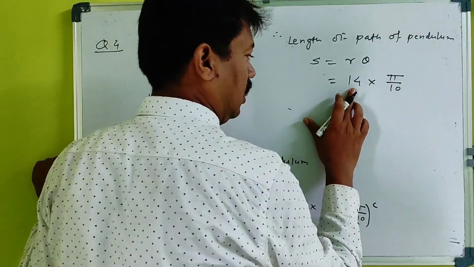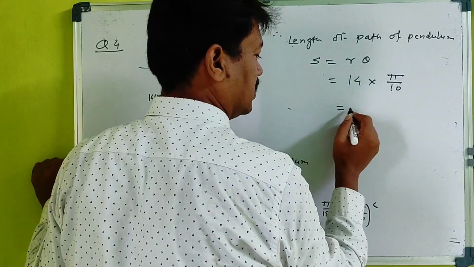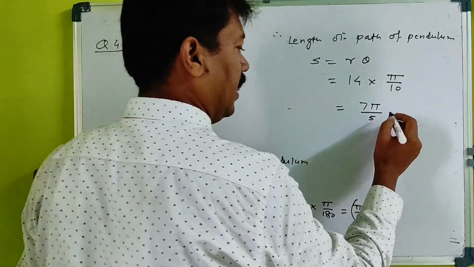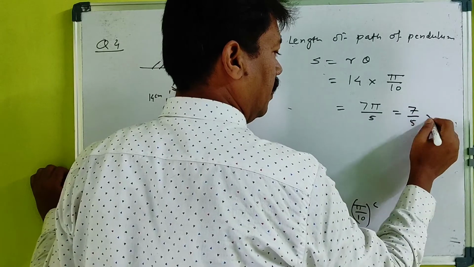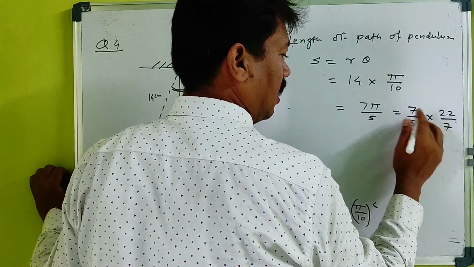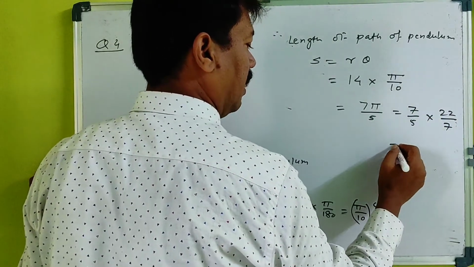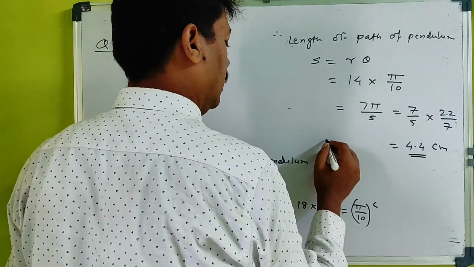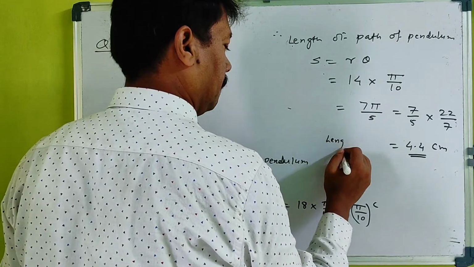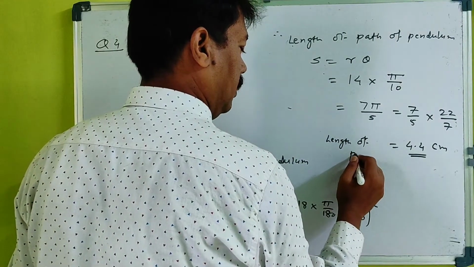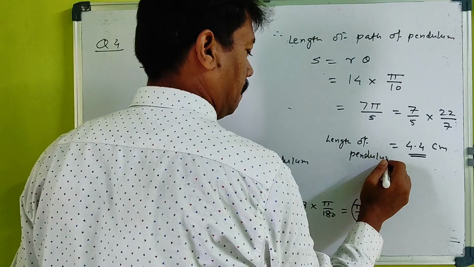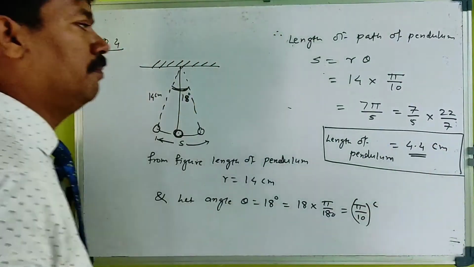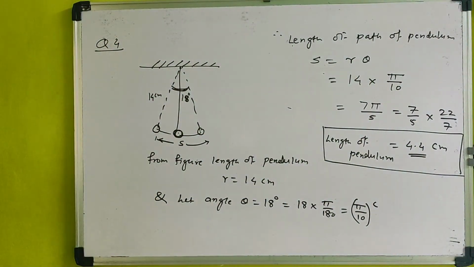So in total what will it be? 7 pi upon 5. If you put the value of pi as 22 upon 7, 7 cancels, it is 22 upon 5, which is 4.4 centimeter. So that's the final answer. The length of the path of the pendulum is 4.4 centimeter, like this. That is the final answer.